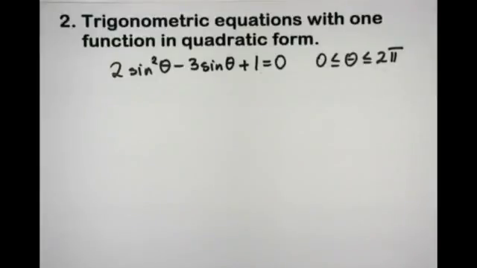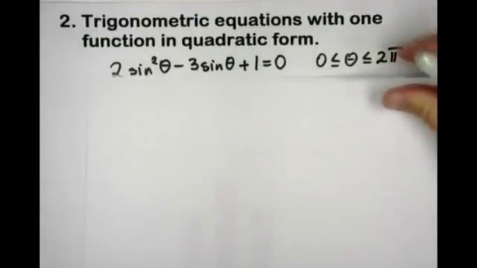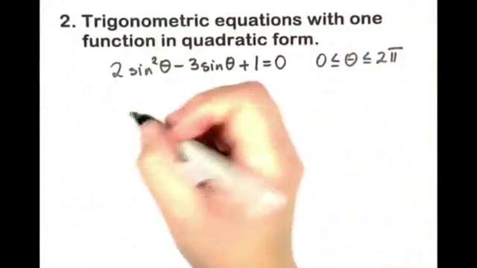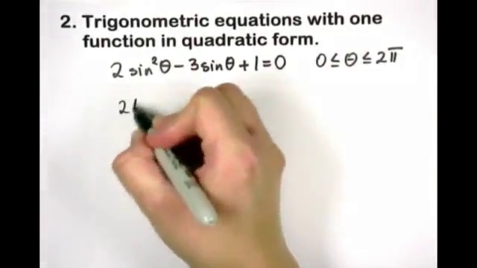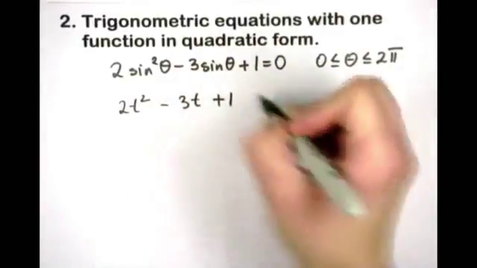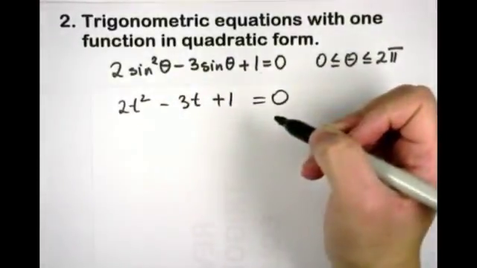So first we need to factor. How can we factor this? If we think that my sine theta is t, then what do we get? We have 2t squared minus 3t plus 1 is 0, or we can think that's x.